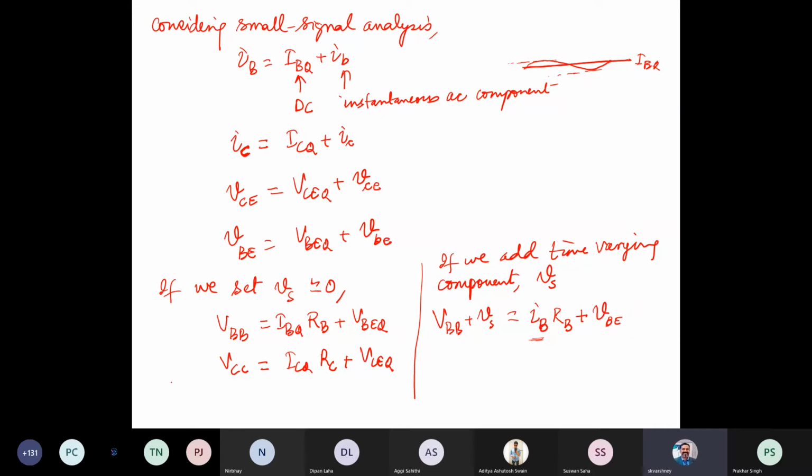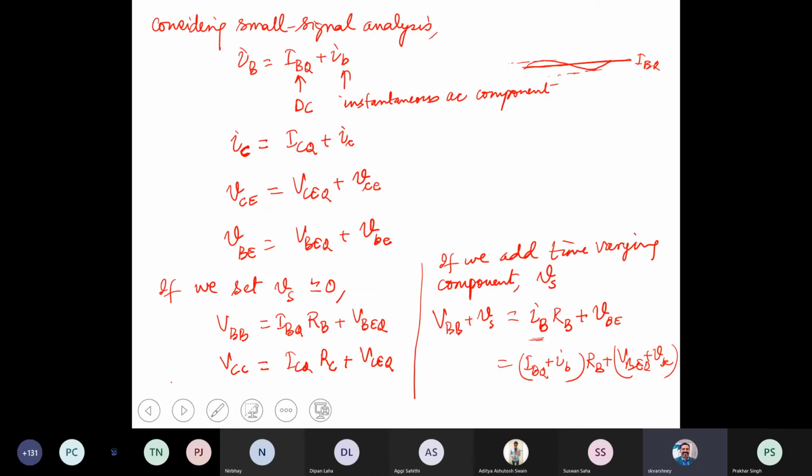So we can write IB as IBQ plus small ib, RB, plus VBE is VBEQ plus small vbe, right?